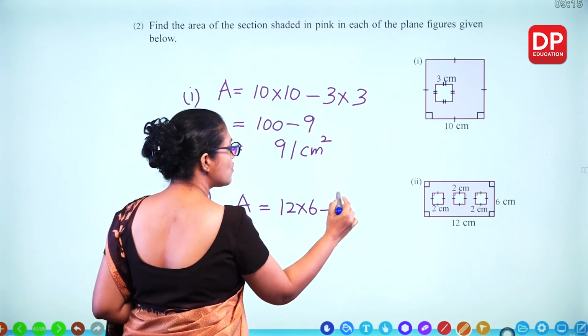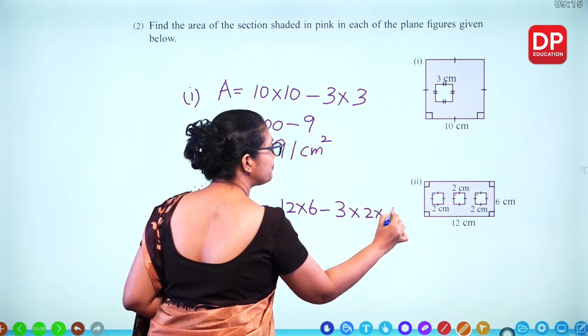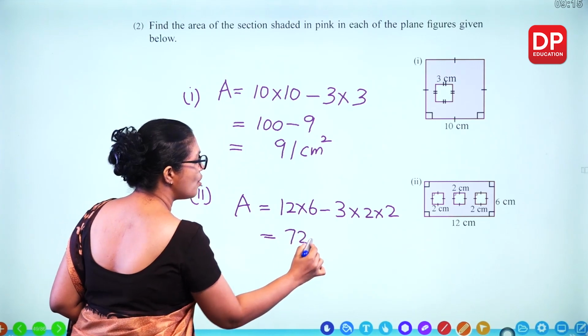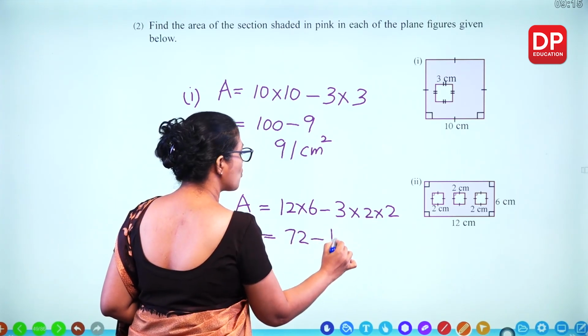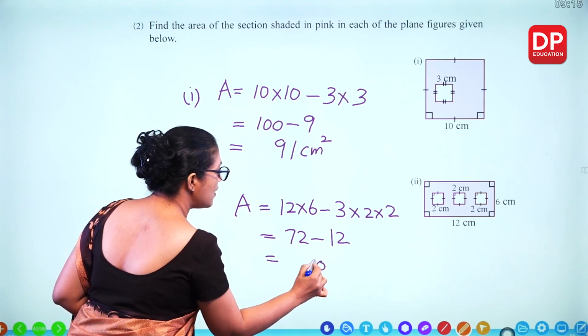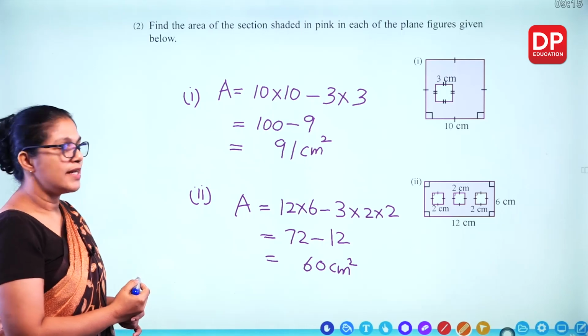So you get 3 squares of 2 times 2. You get 72 minus 6 times 2, 12. 72 minus 12, you get 60 square centimeters for the shaded region.